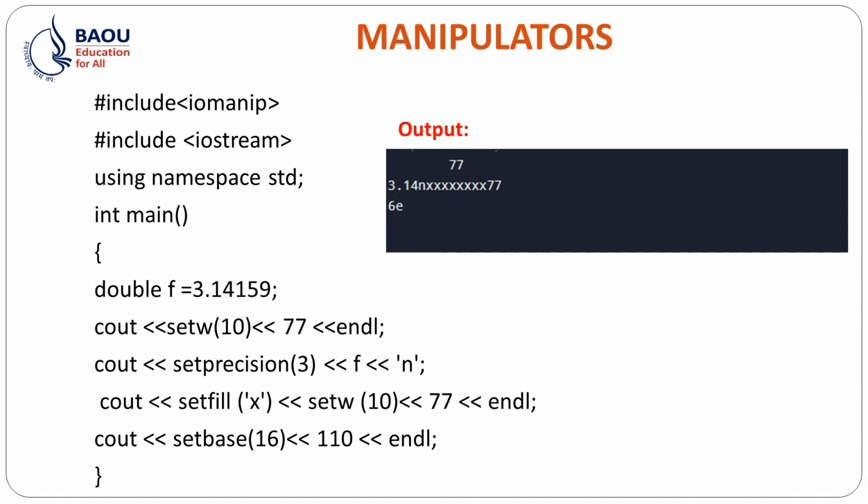Cout setfill x, over here what I am doing is I am setting x as the fill for 10 digits, and after that 77 will be shown to the user. Cout setbase 16 and then 110 will be there. So, over here 16 is the base of the value and 6E is equal to 110.